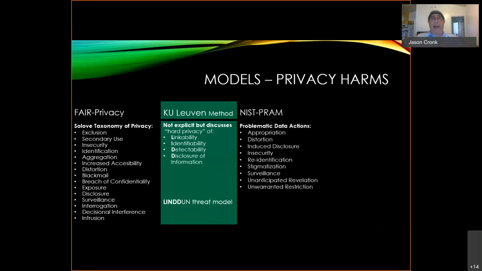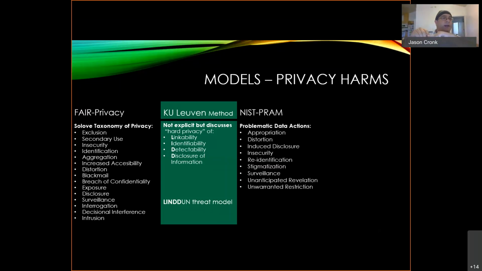Now, NIST has its own. Again, the NIST privacy framework mentions this, but it doesn't necessarily say you have to use this. And they refer to these things that you're trying to avoid as problematic data actions: appropriation, distortion, induced disclosure, insecurity. And you'll notice that a lot of these are very similar to the Solove taxonomy. Appropriation is one of the items, although I'm not seeing it in my list over there.